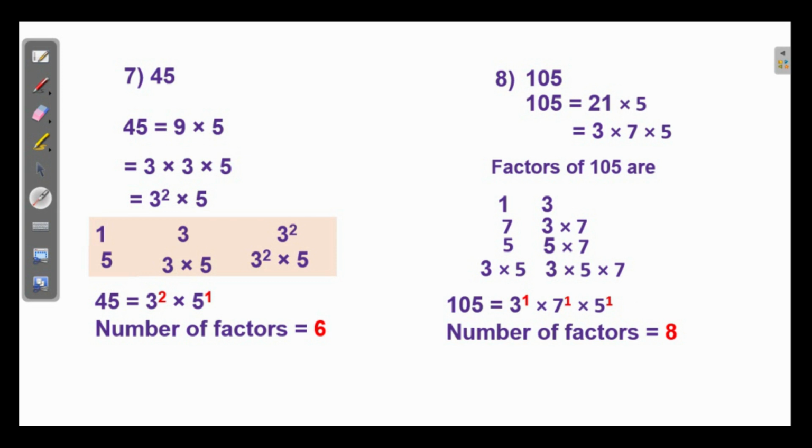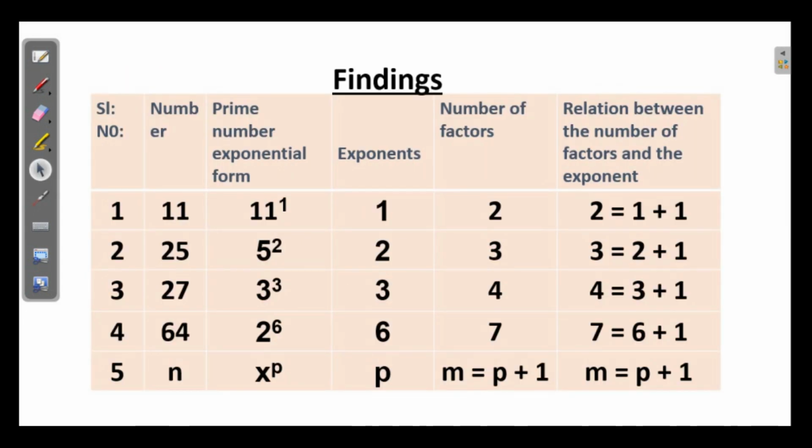So the number of factors is equal to 2 into 2 into 2. Here the exponents are 1, 1, 1. Adding 1 to each exponent, 1 plus 1 is 2, 1 plus 1 is 2, here again 2. 2 into 2 into 2 is 8. That is the relation between the number of factors and the power of prime numbers. That is written in this chart.